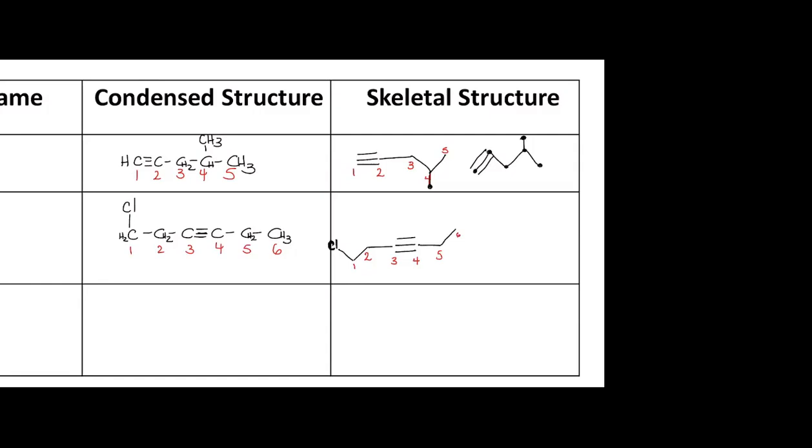The other way that I will accept it from you guys is that you number your carbon atoms 1, 2, 3, 4, 5, 6. Between carbon 3 and 4, I have the triple bond.